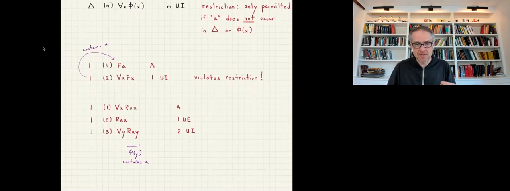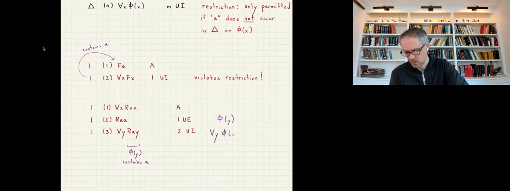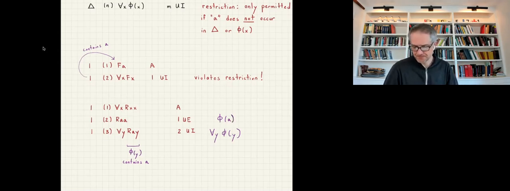However, if you try to go from Raa and do universal introduction, what you're actually doing is treating the phi that you're generalizing. So I'm going from phi a to for all y phi y.